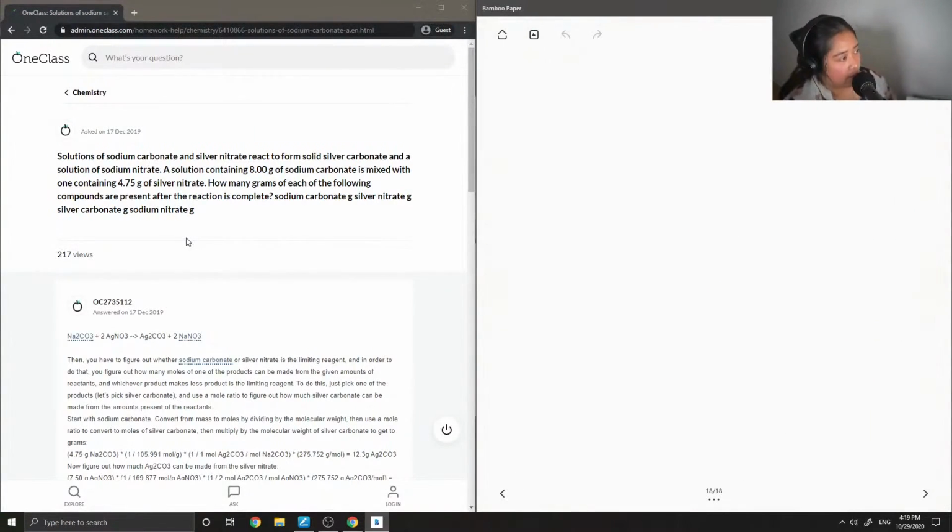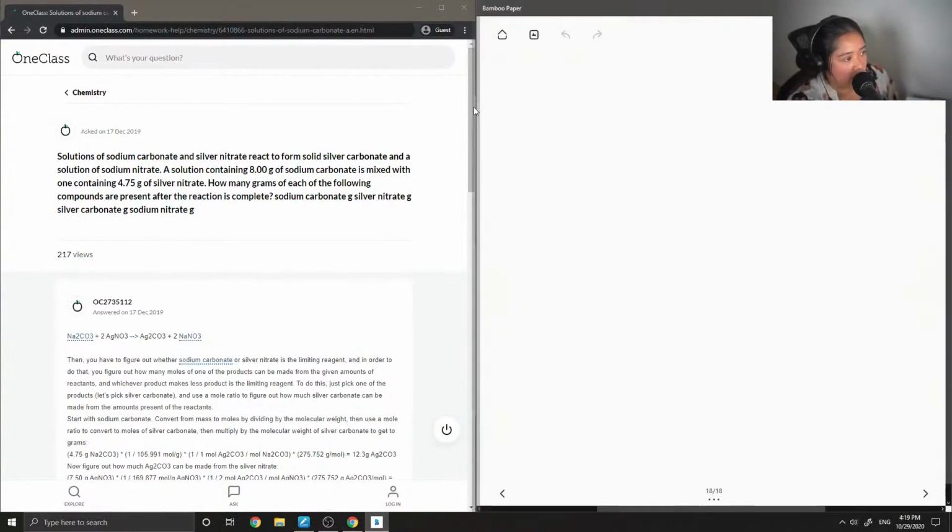Solutions of sodium carbonate and silver nitrate react to form solid silver carbonate in the solution of sodium nitrate. So this is another example of a limiting reagent question. First thing I'm going to do is write out the balanced equation.